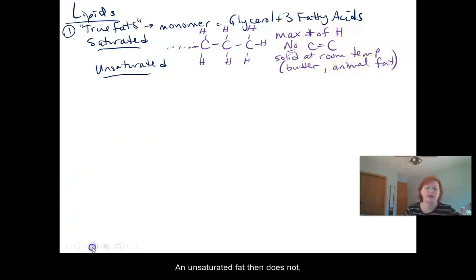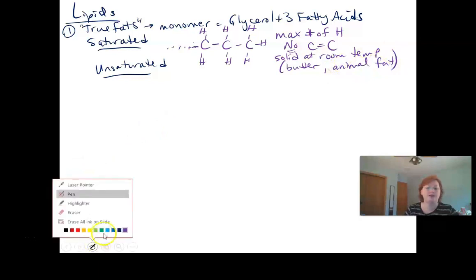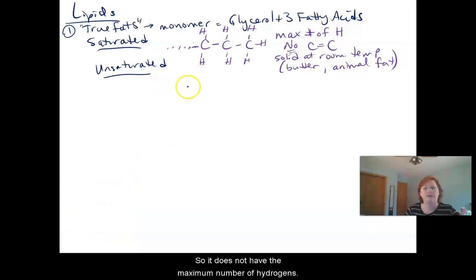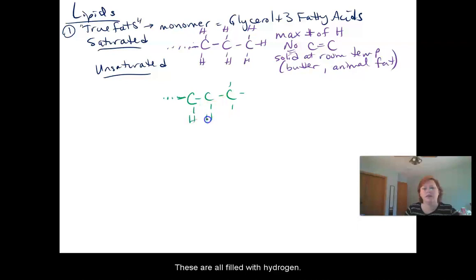An unsaturated fat then is not saturated with hydrogen, so it does not have the maximum number of hydrogens. So if we kind of draw the same thing here, maybe these are all filled with hydrogen, but we're missing a couple of hydrogens.